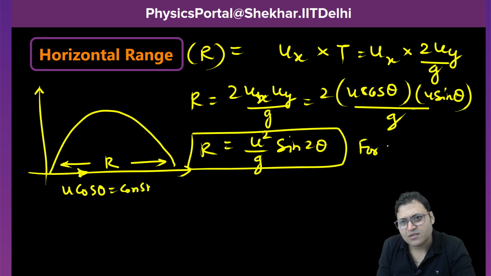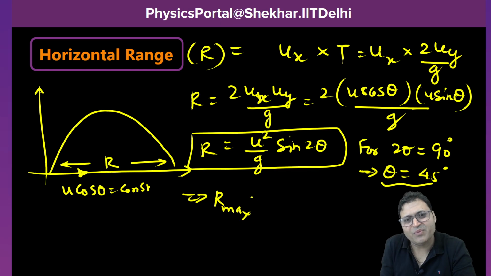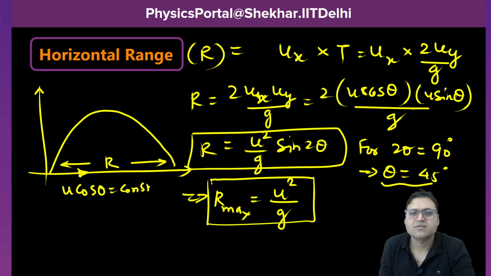For 2 theta to be 90 degree, or we can say for theta to be 45 degree, range will be maximum. Range will be maximum, which is u square by g.